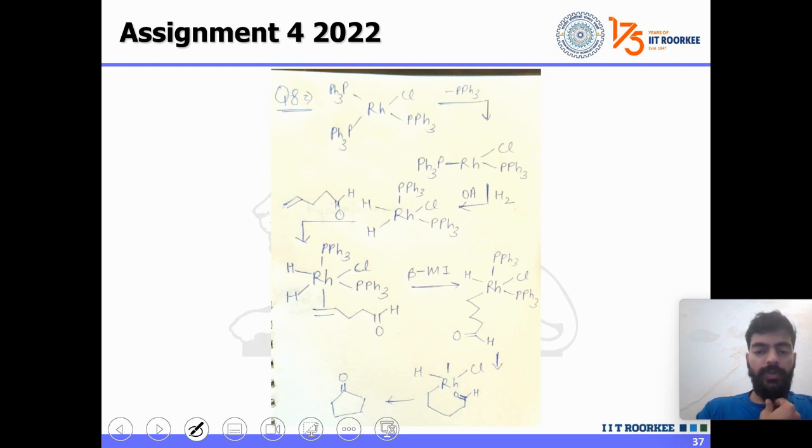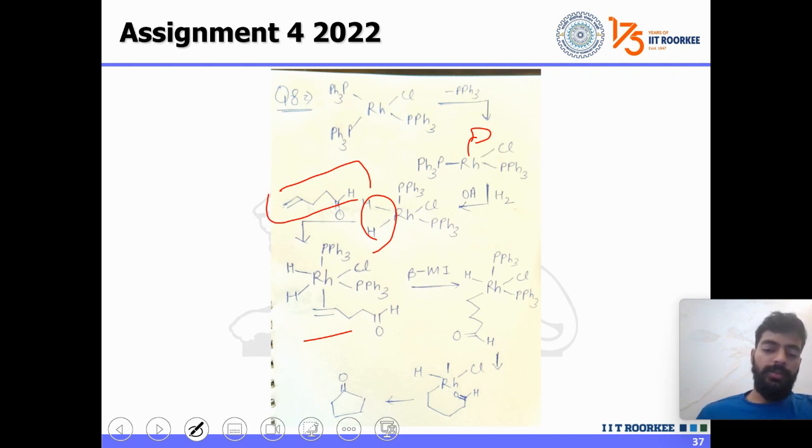Firstly, the PPh3 removal and a vacancy is generated here. Here, hydrogen insertion. Then the reaction with this. So if we see here, alkene is reacting with the metal center. Then migratory insertion, beta migratory insertion.